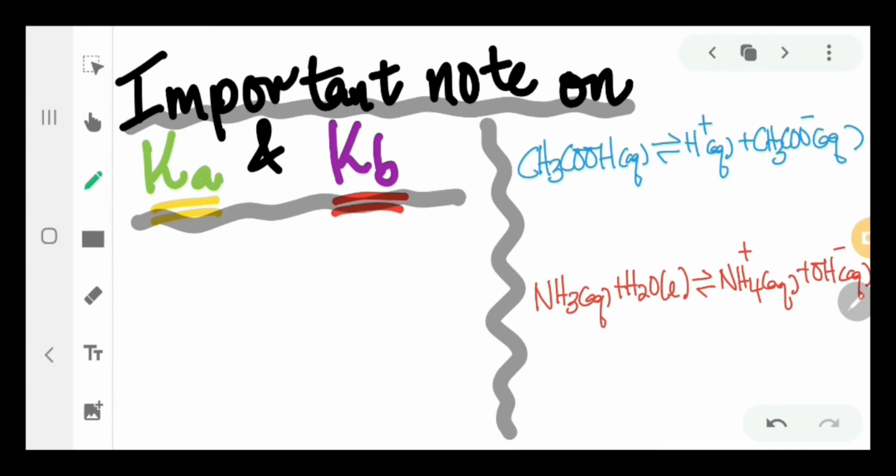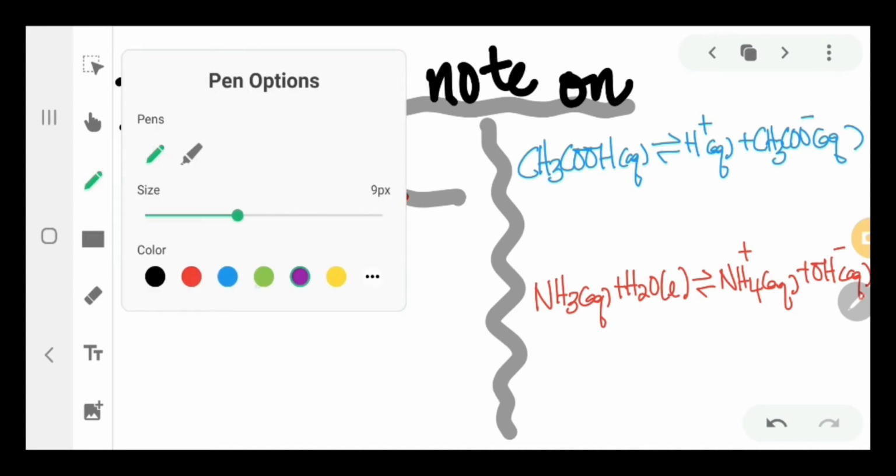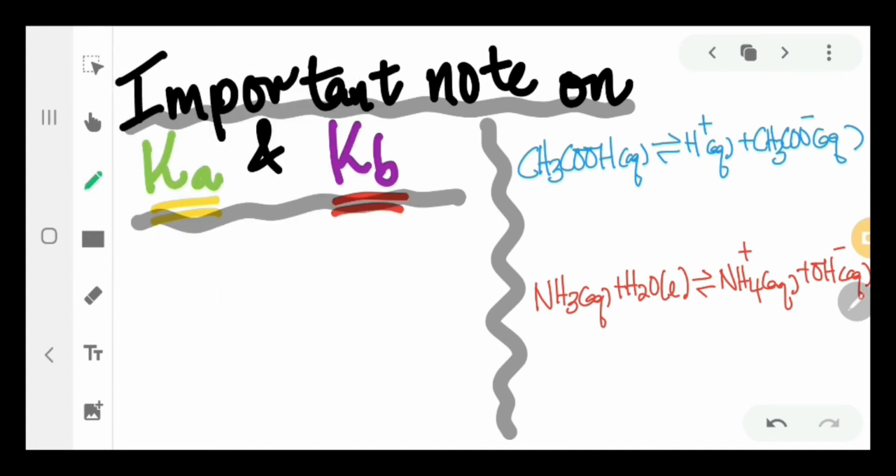Important notes on Ka and Kb. It's very important for you to know this. So let's say Ka is higher, what happens to the strength of the acid?